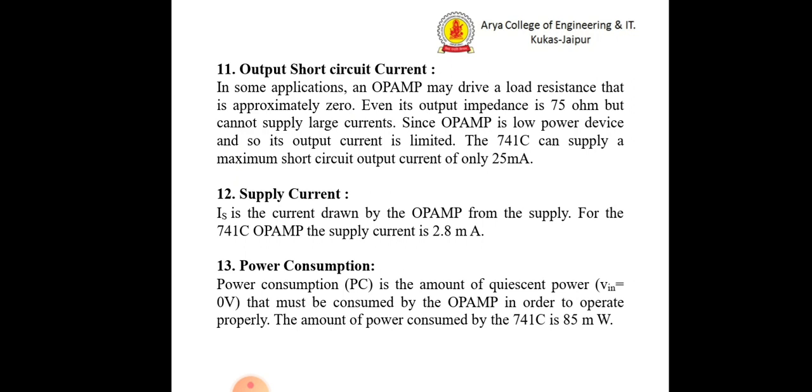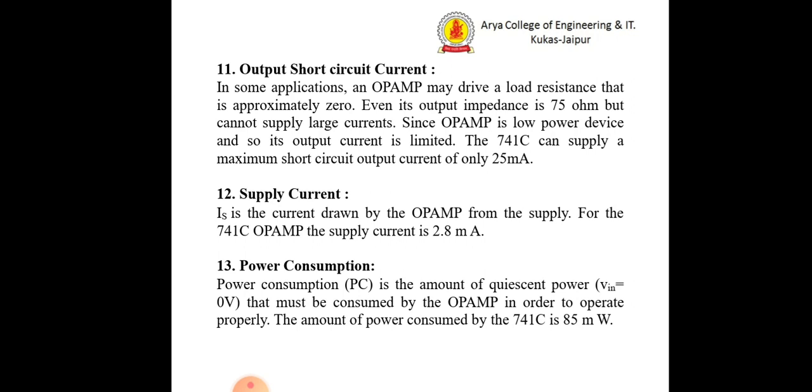Next is output short circuit current. Now understand that in some applications, an op-amp may drive a load resistance that is approximately 0. Even though its output impedance is 75 ohm, it cannot supply large current. Since the op-amp is a low power device, its output current is limited.